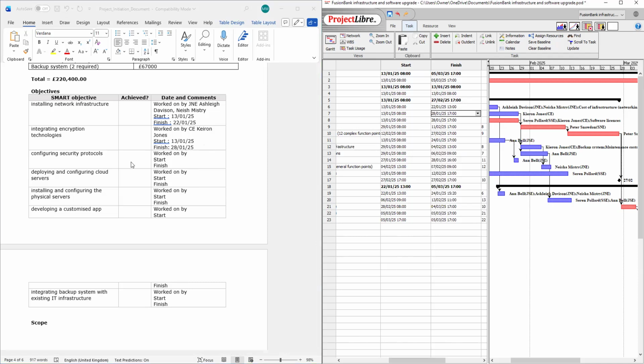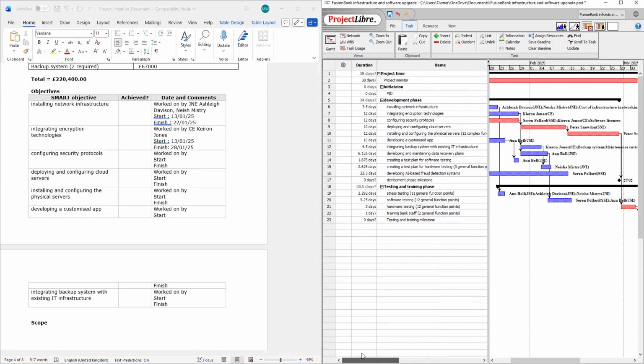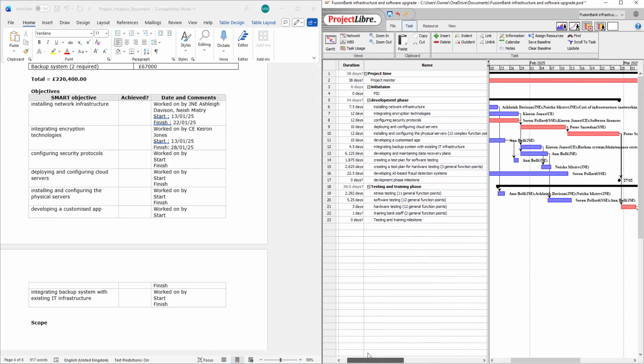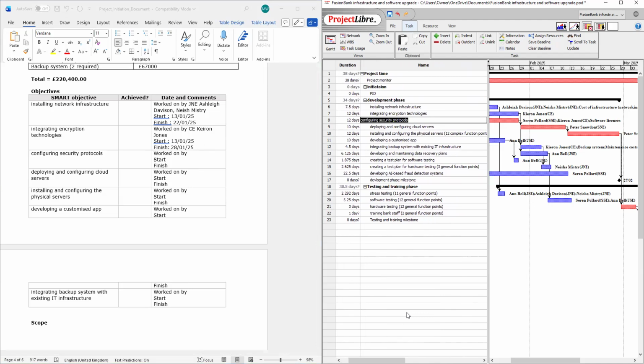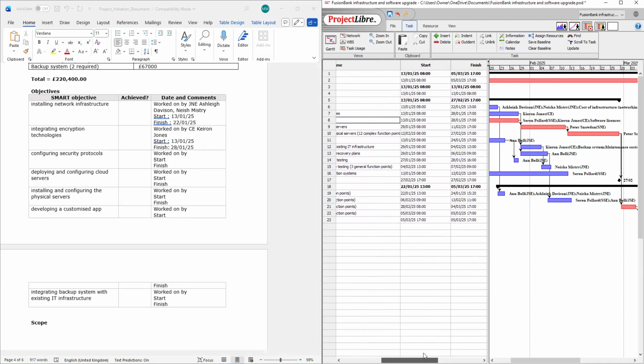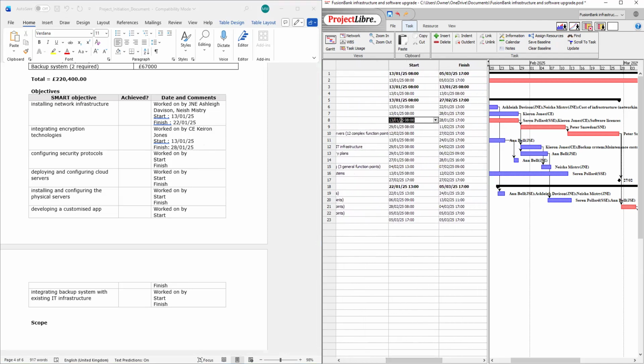Then the other one would be configuring security protocols. And then we have a start date, and the finish date.